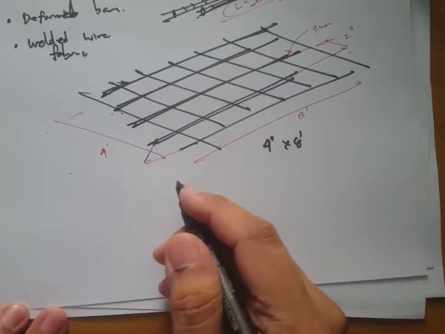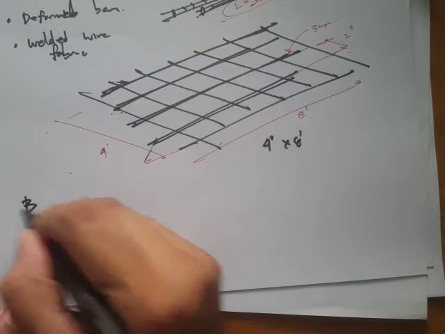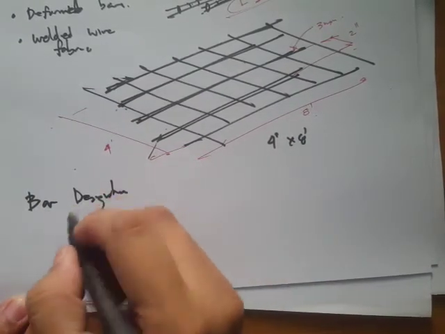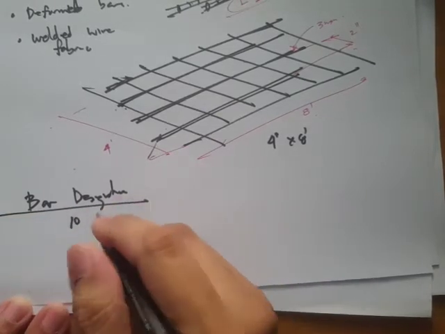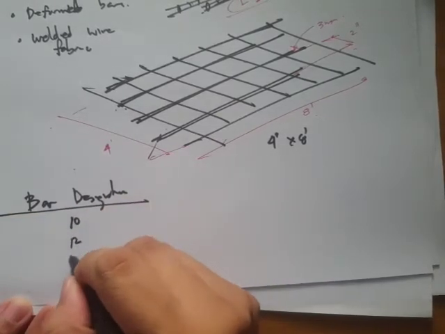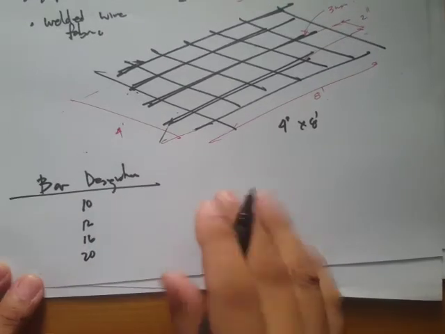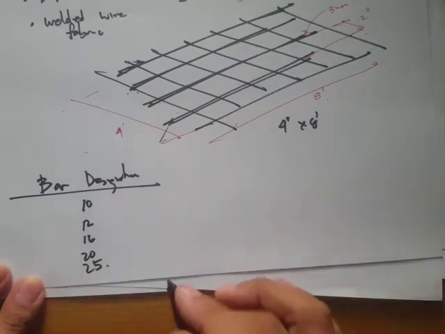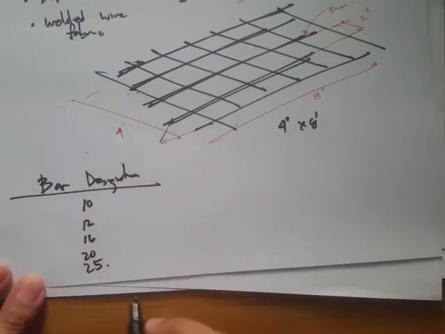Okay, so for rebars, we have bar designations. So we have 10, 12, 16, 20, and 25. Although higher sizes, higher designations are also available, but probably we'll just limit our discussions to here.